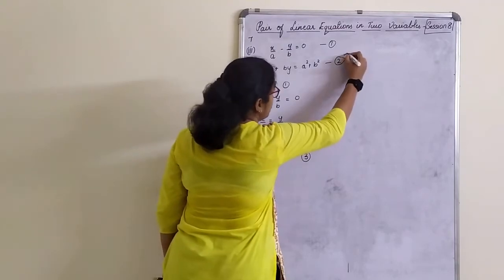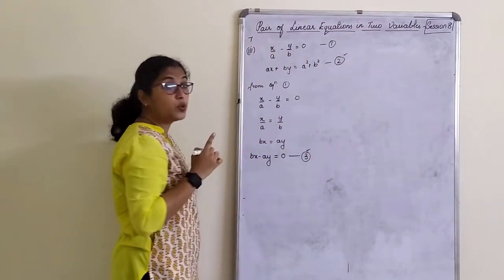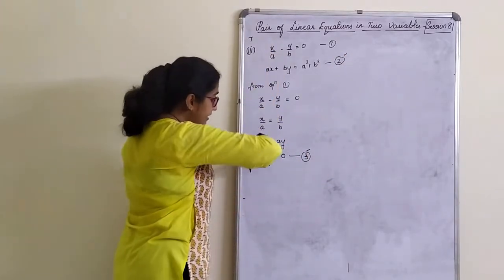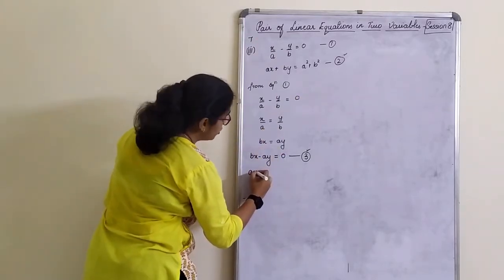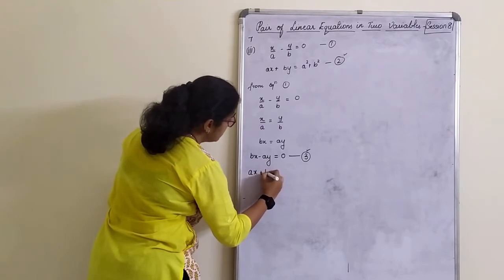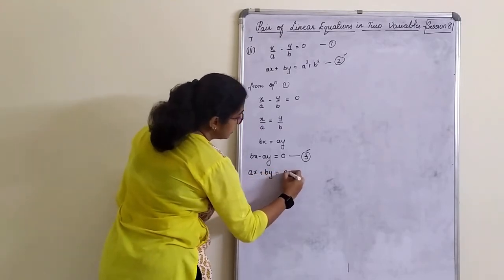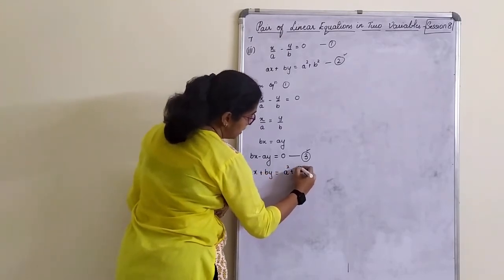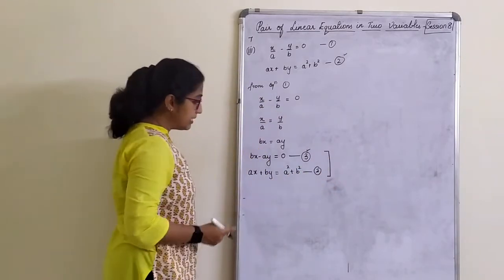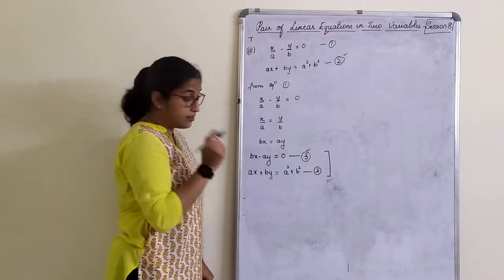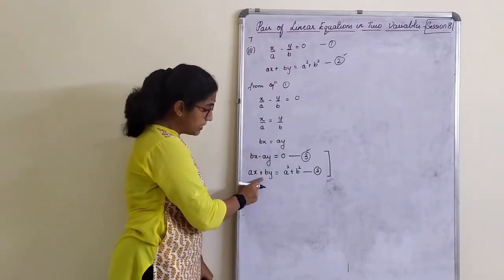Now we are going to solve equations 2 and 3, not 1, because this 1 we interchanged like this. Now below this write equation 2, ax plus by is equal to a square plus b square, which is your equation 2. To equalize this, we can cancel the y term. I have minus ay plus by.